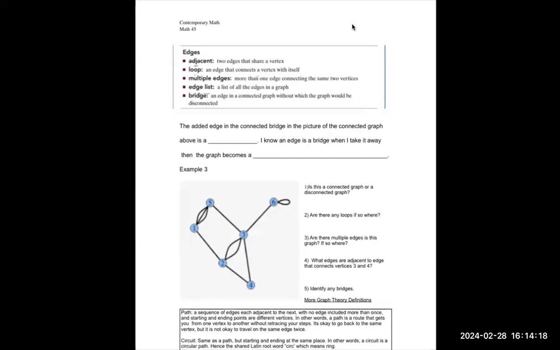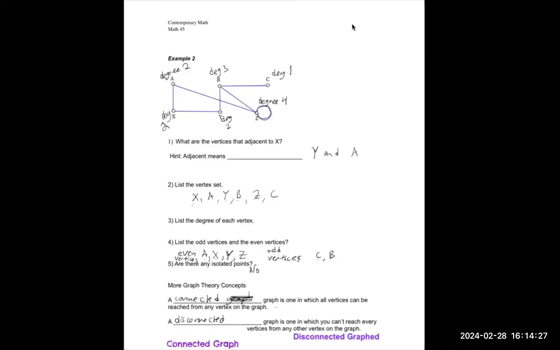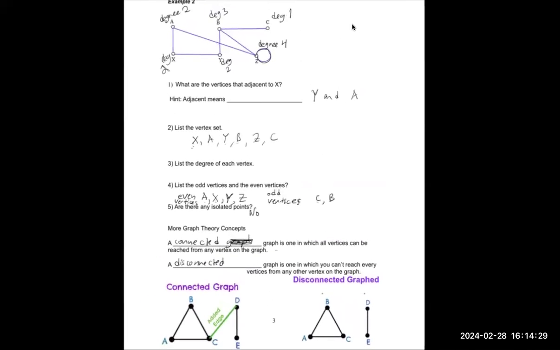Okay. All right. The added edge in the connected graph in the picture above is what? The added edge that was a bridge is this edge CD.